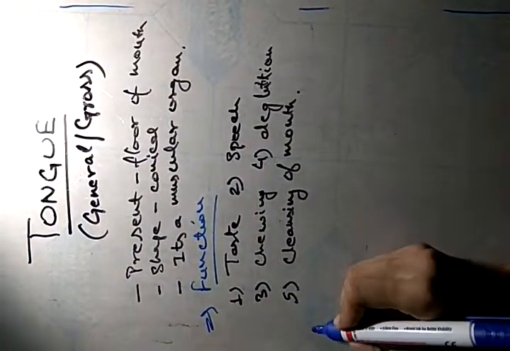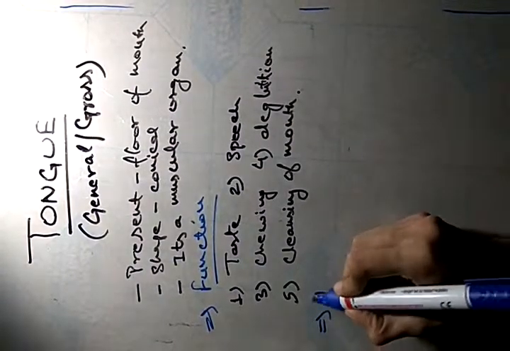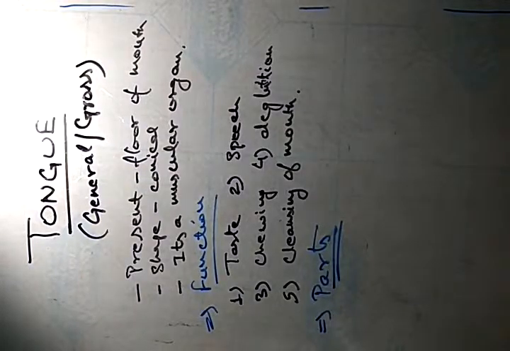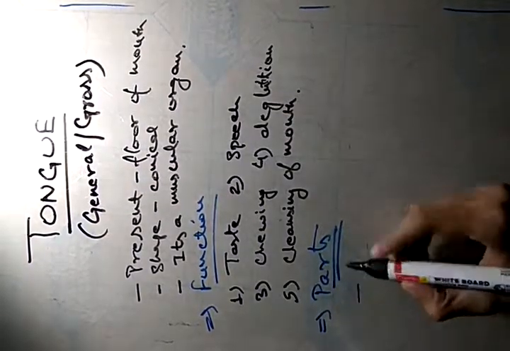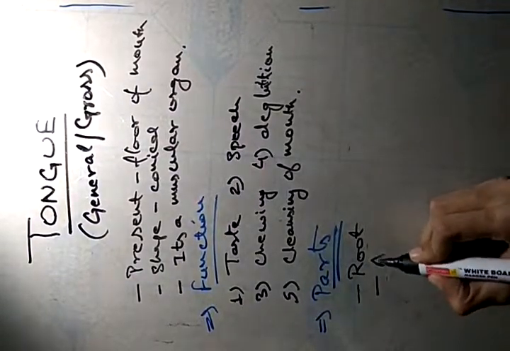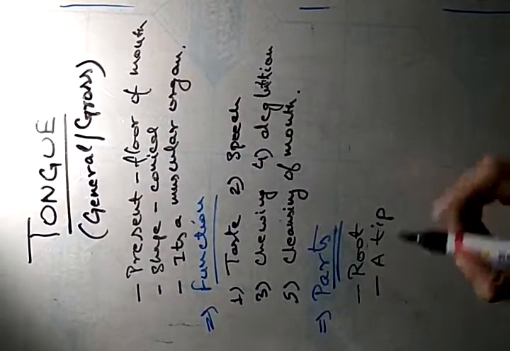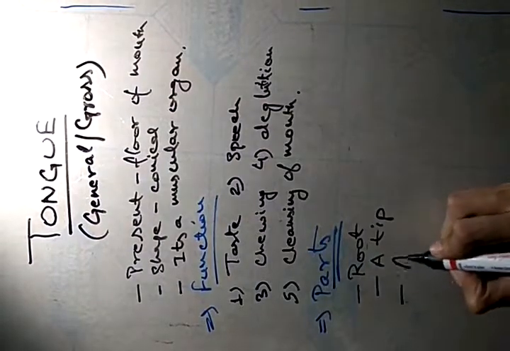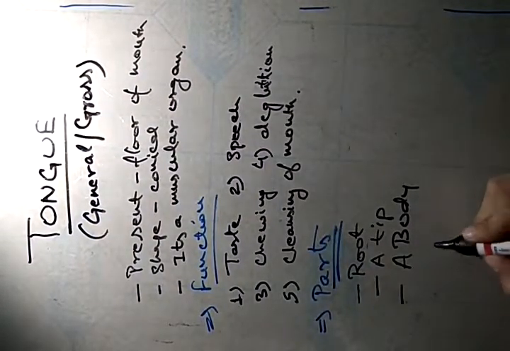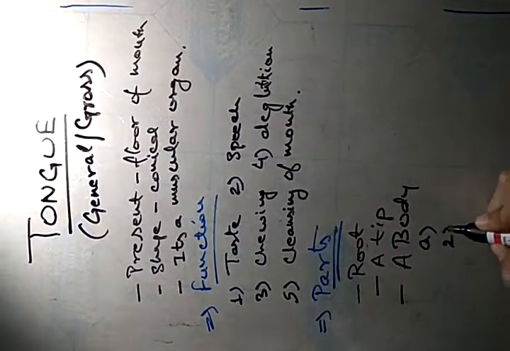So what are the parts of tongue? Next is parts. It has a root, a tip, a body. Body is divided into two parts.